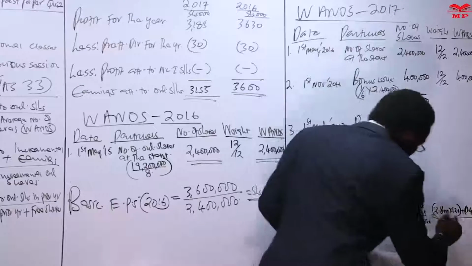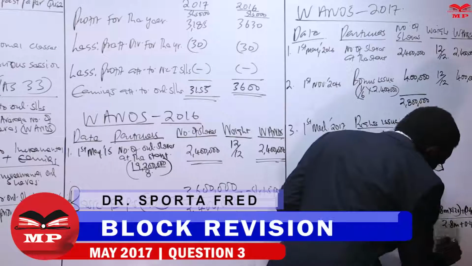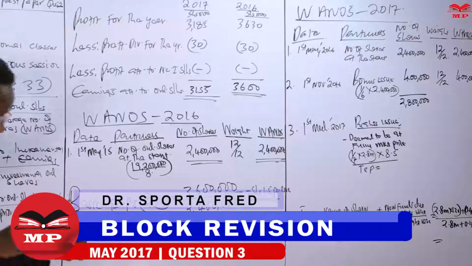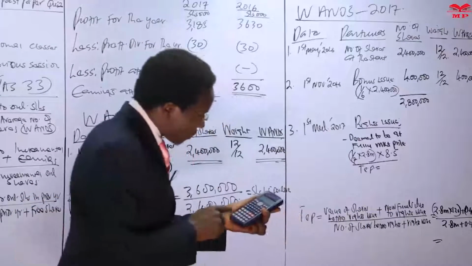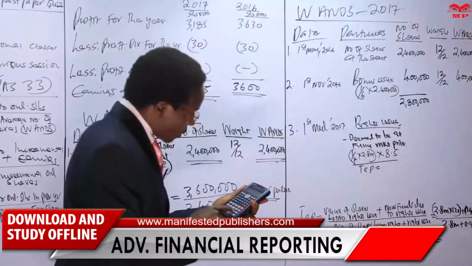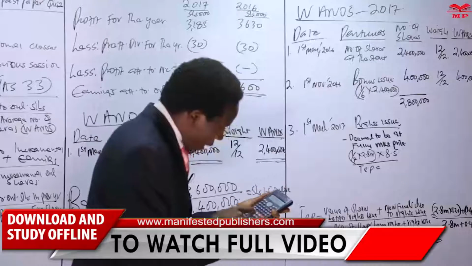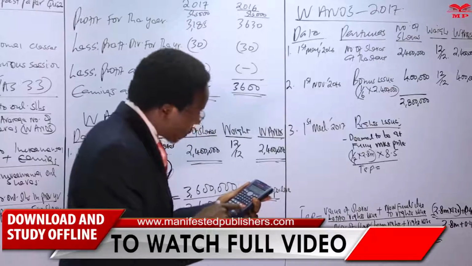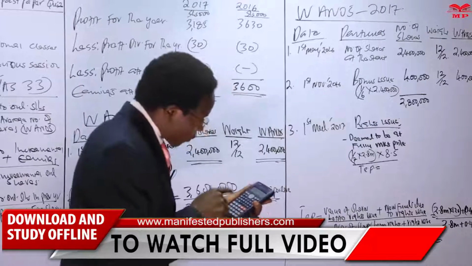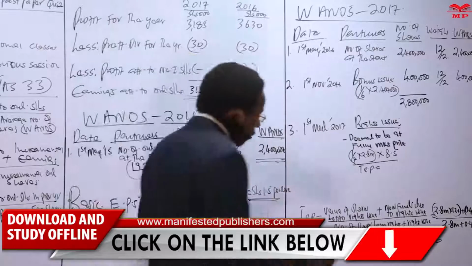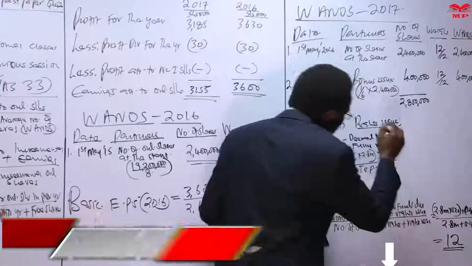The number of shares is 2.8 million. So what will that be? 2.8 million by 12.5 plus 0.4 times 8.5, divided by 2.8 plus 0.4. We get 12. So the theoretical ex-rights price is 12.